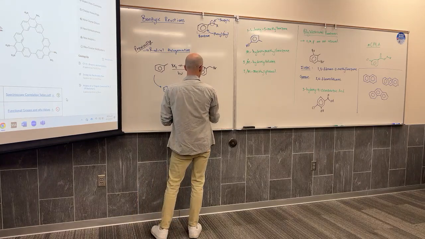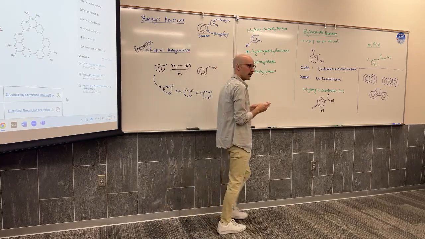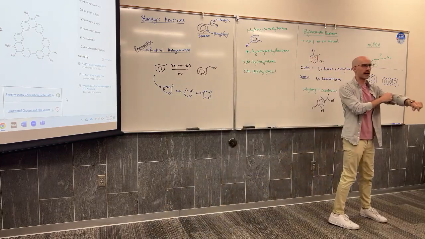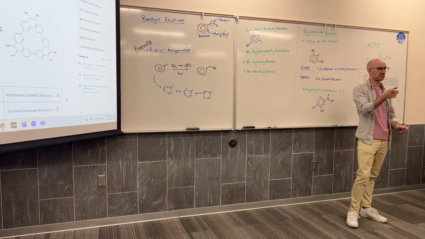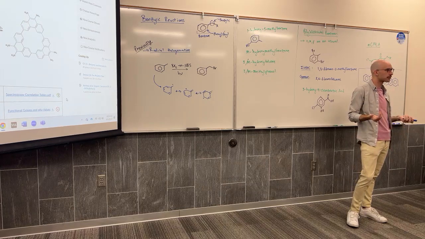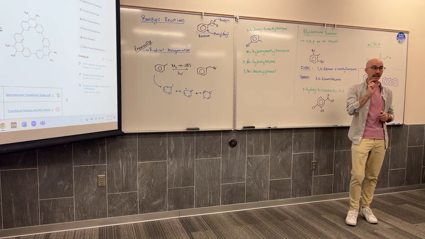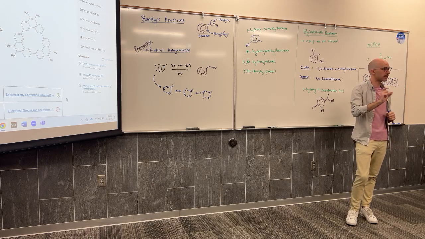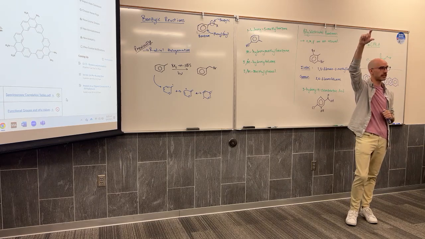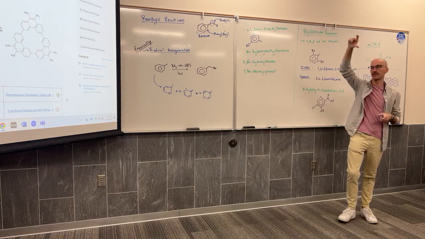Now, I think some of you know how stable is a radical. Not stable. Highly reactive. And so it's not easy to form radicals either. It requires quite a bit of energy to create that highly reactive intermediate.